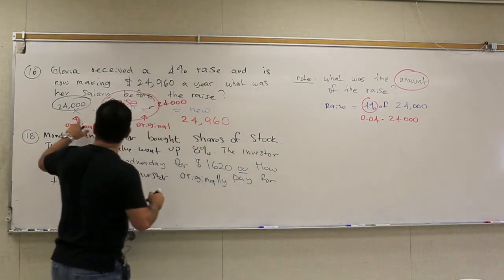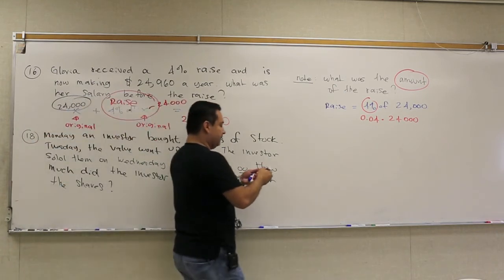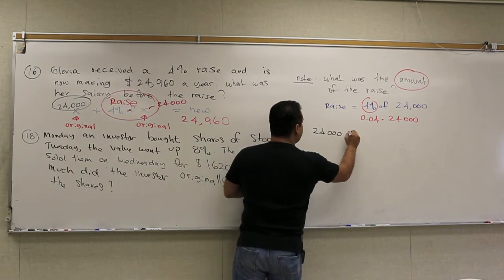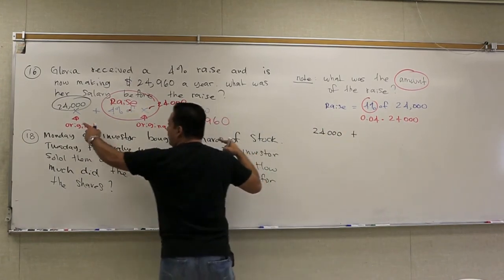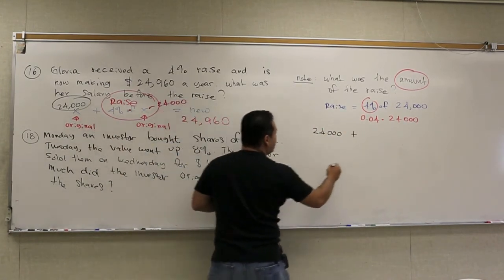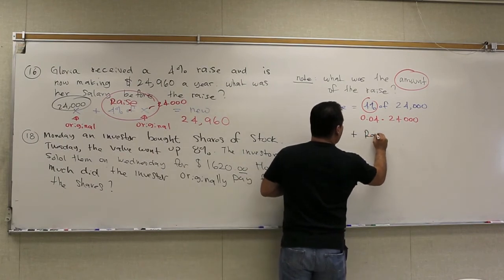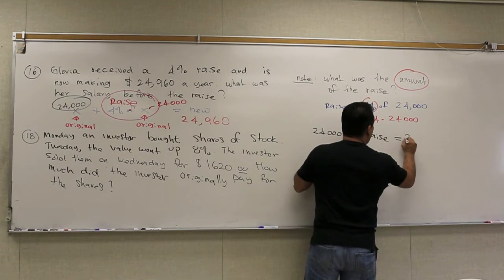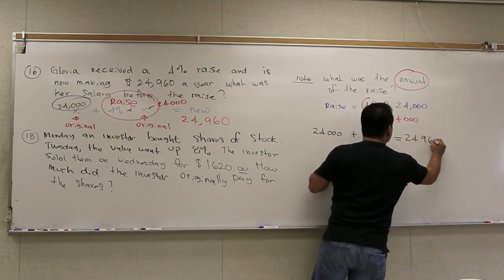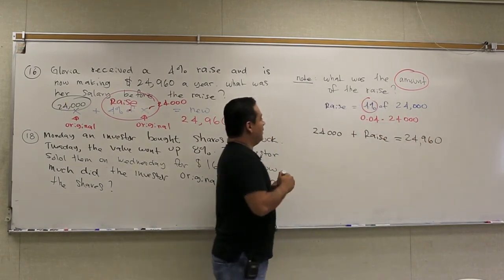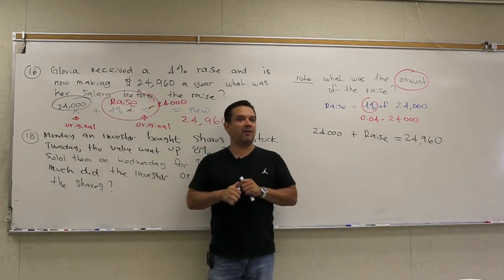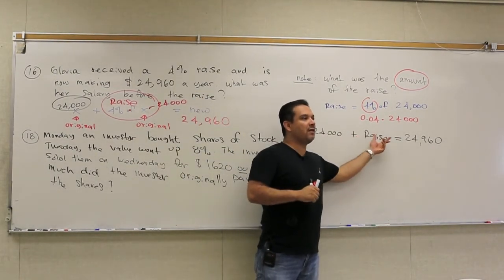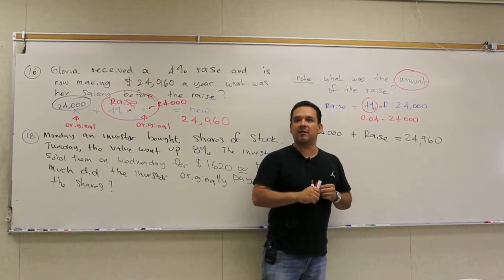Exactly. Go back here. This is 24,000, right? So if you notice that she had $24,000 originally, plus that raise, she now makes how much money? 24,960. You guys with me on that? You guys see what I'm saying? She has a 24,000 original salary plus the raise, gives you that 24,960.